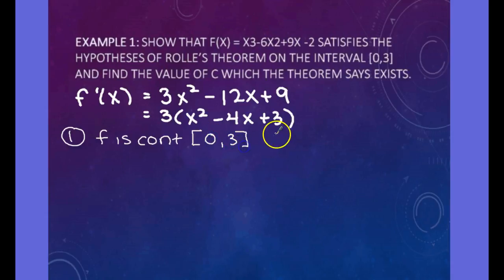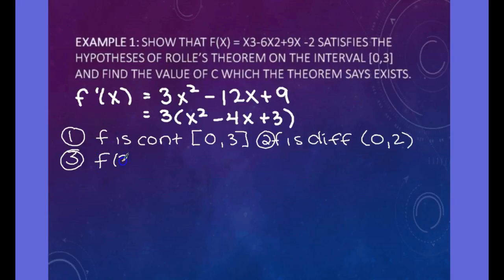So this is continuous. 2, f is differentiable because once again, it's a polynomial. So since there's no division, no square roots, nothing messy, of course it's going to be differentiable. Also, the hardest piece to prove is number 3, because I need to prove that f of 3 equals f of 0.